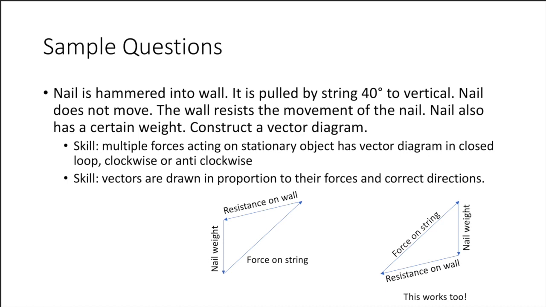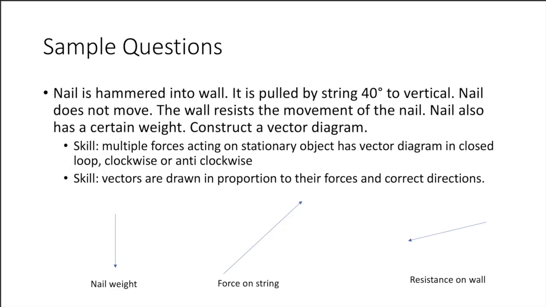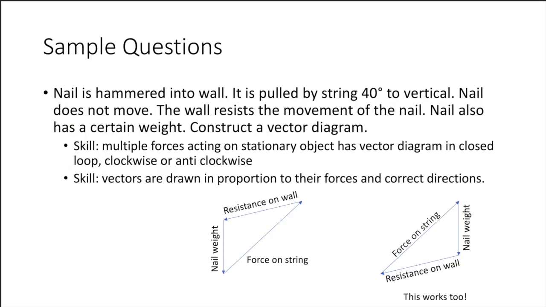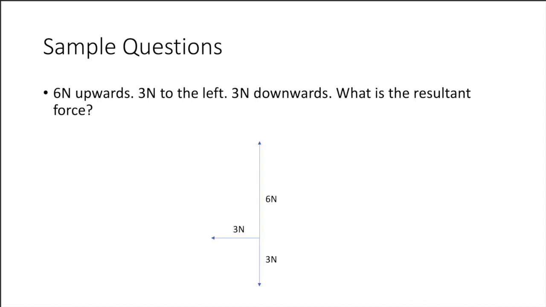And these arrows can be moved around, so it's good to imagine that you can move them around and draw them up into a clockwise loop or anti-clockwise loop. It's up to you. So similarly for this example, if 6 Newton upwards, 3 Newton to the left and 3 Newton down, you can draw it in this manner to its correct proportion. Then you can find very easily what is the resultant movement.